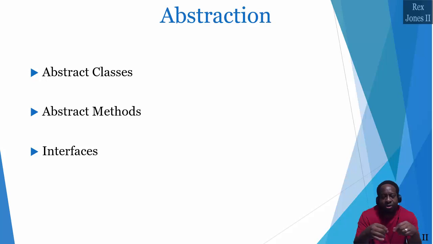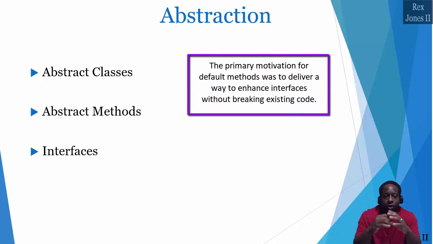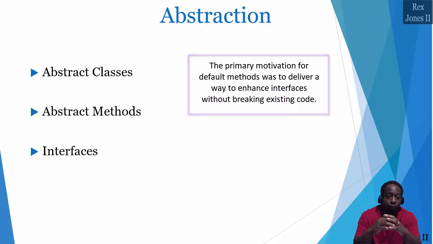Traditionally, with an interface, there was no way to supply a default action. All of the methods were abstract before Java Development Kit JDK 8. Now we can define a default method to provide a default action. The primary motivation for default methods was to deliver a way to enhance interfaces without breaking existing code.